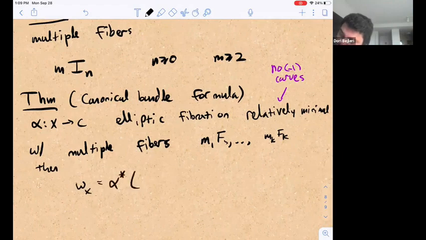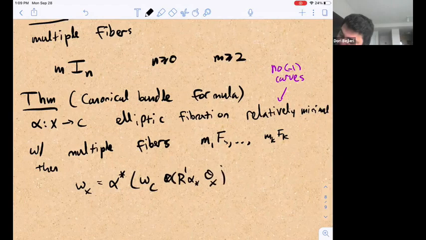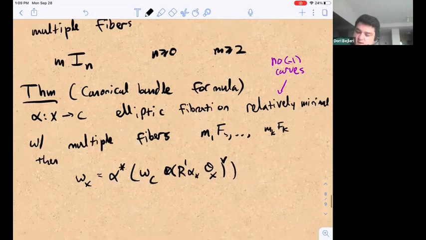We pull back the canonical bundle on C tensor with this Hodge bundle that we saw already in the proof a few times, and then twisted by a contribution from these multiple fibers.